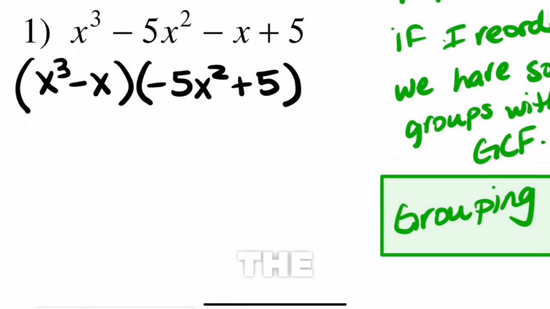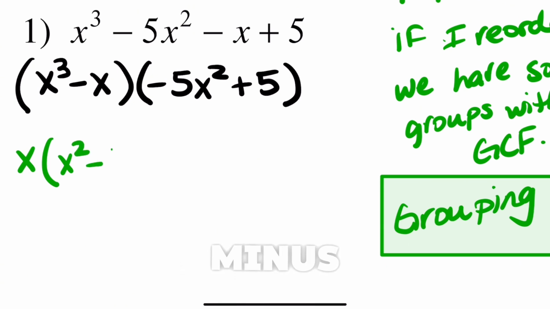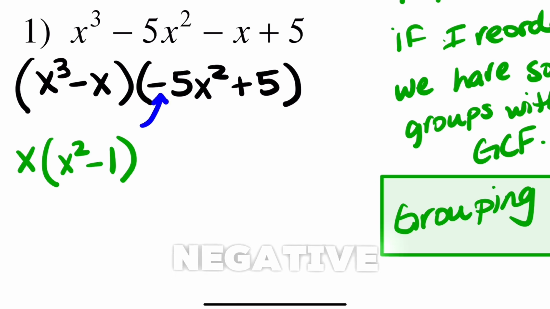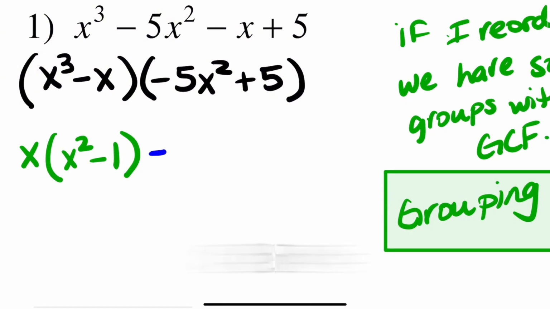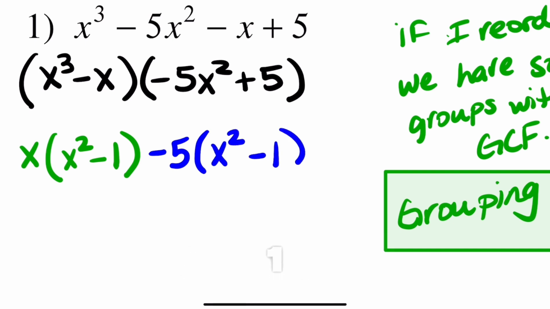In the first group, the GCF is just x, and then I'm left with x squared minus 1. The second group leads with a negative, so I'm going to make sure to factor out a negative GCF. So I'm going to take out negative 5. And then you'll see I'm left with x squared minus 1.